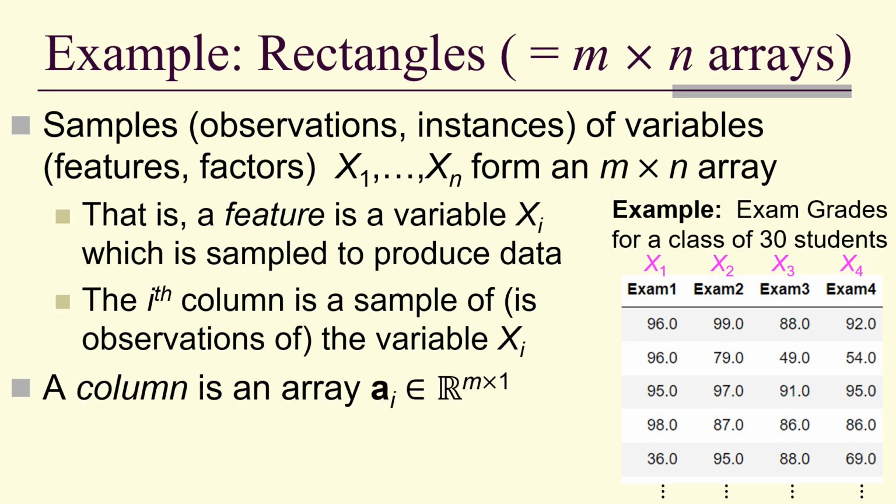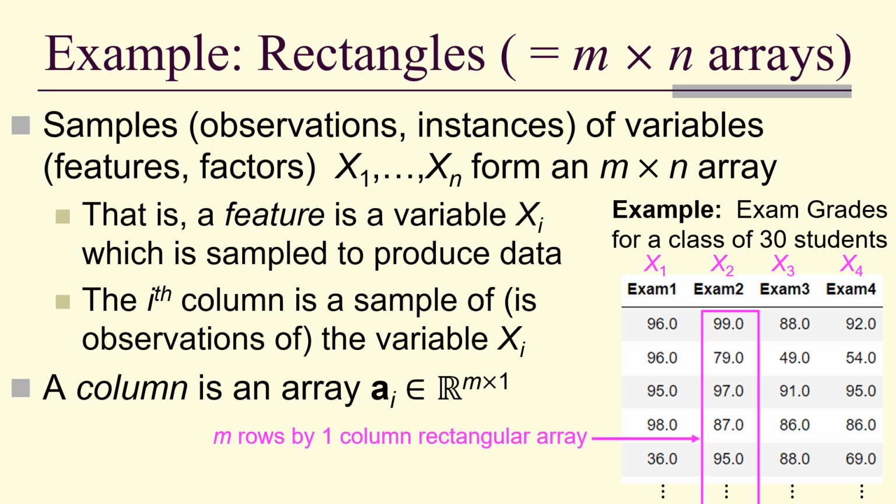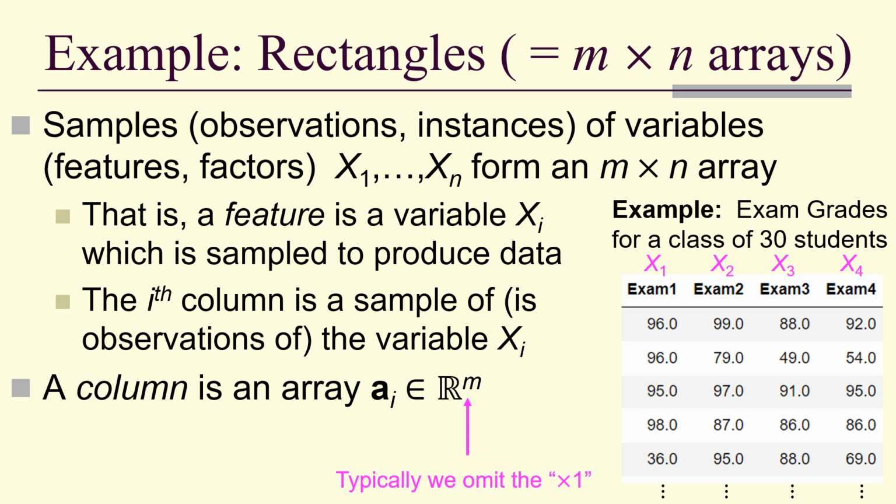And a column is itself a rectangular array in R^(m×1): m rows by one column. Typically, we omit the times 1, and column arrays are always written with a bold font.